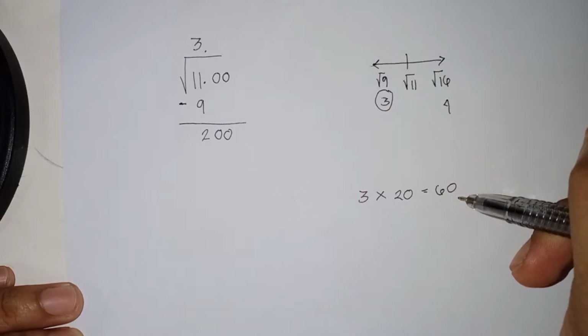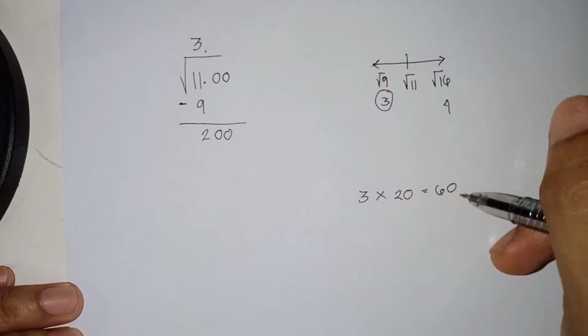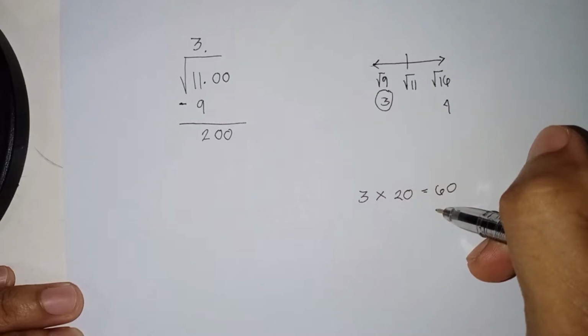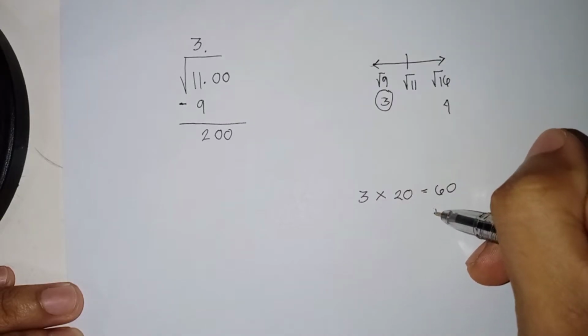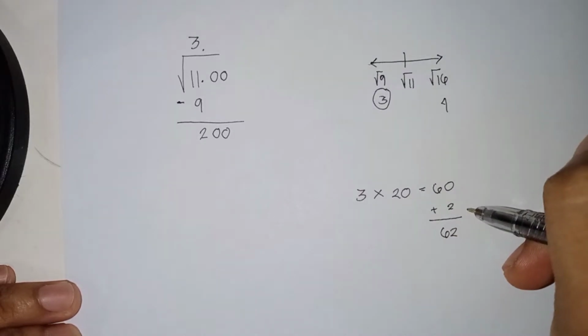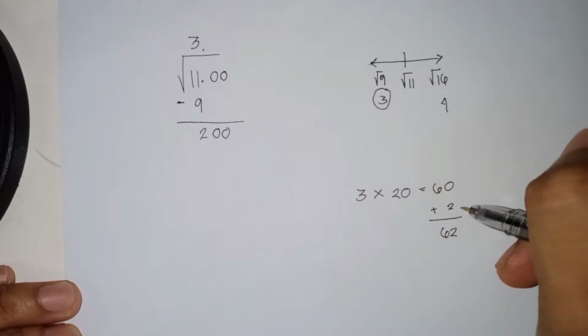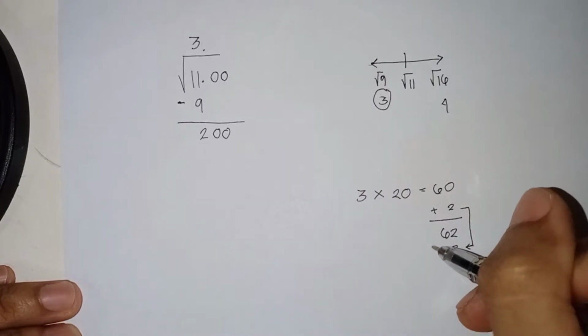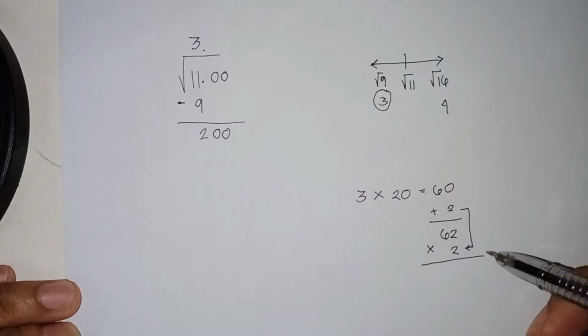ay i-multiply doon natin sa number na nilagay din natin dito sa 60. Okay, for example, let's try natin halimbawa 60 plus 2. So may siyang 62. So kung ano yung ginamit mong number dito na i-add, yun din ang imumultiply natin. So lalagay ko din dito yung 2. So magiging operation dito is multiplication.